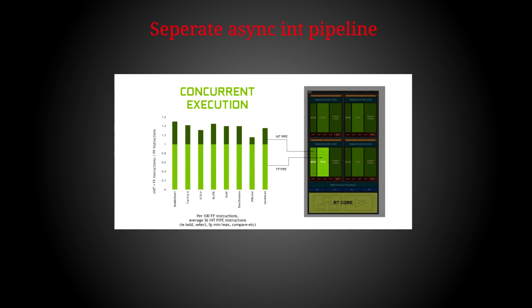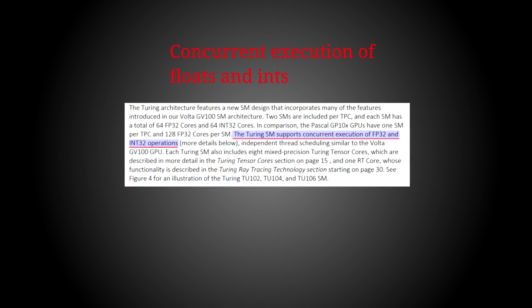1. Nvidia has added a separate integer pipeline, thus the ability for co-scheduling and co-processing asynchronously of both integer workloads and float workloads. This means that for mixed workloads, Turing would perform better than Pascal, all other things being equal.